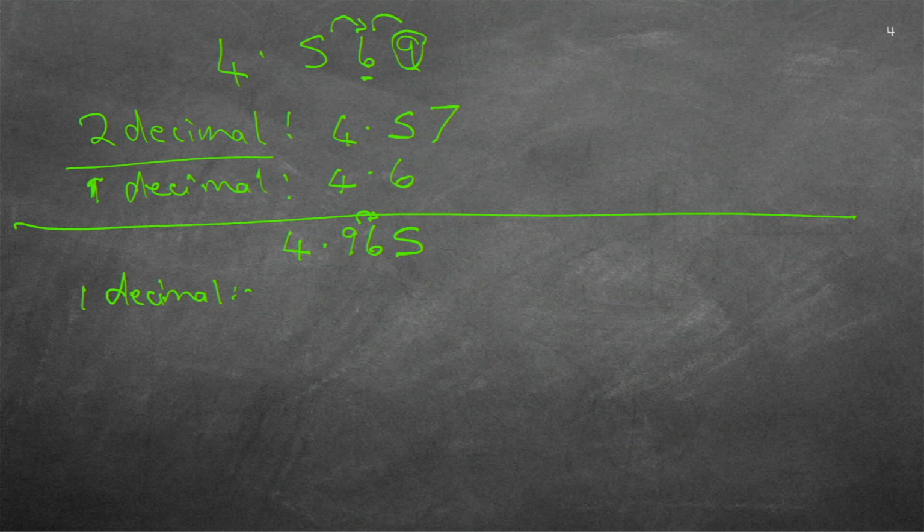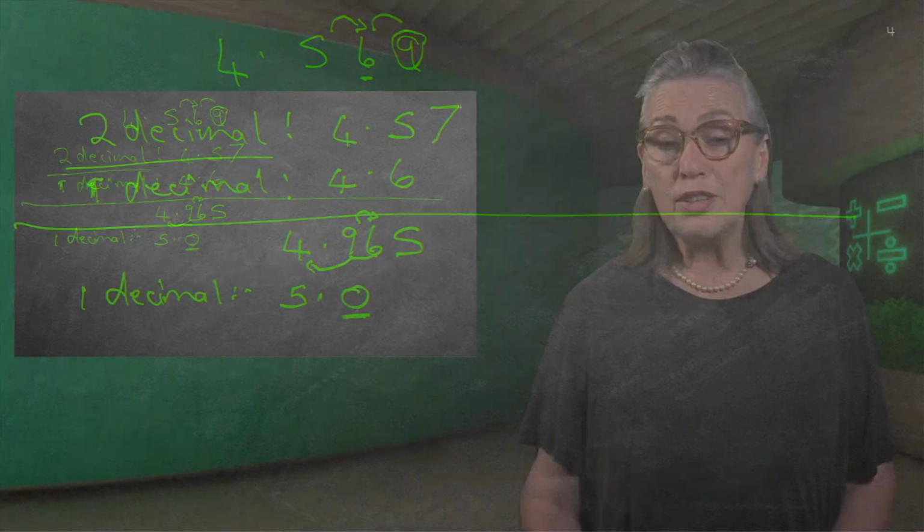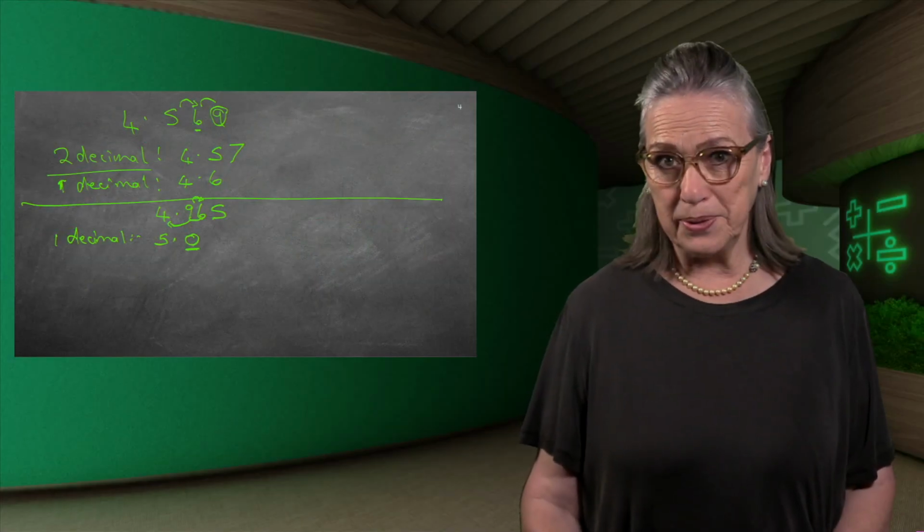That is 5 and over, so we know we're going to increase this by 1. But if 9 is going to go to 10, so what are we going to have? 5,0. Remember, we have to have the 0 because they ask us for 1 decimal.